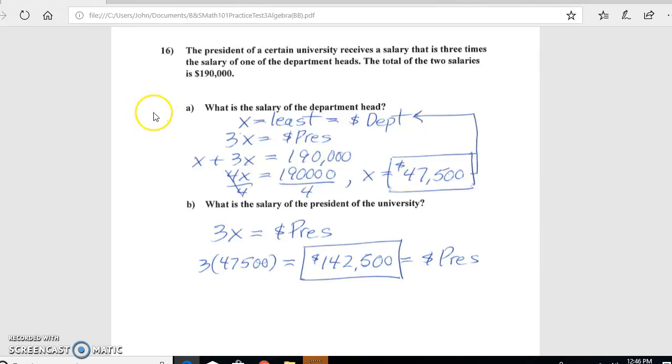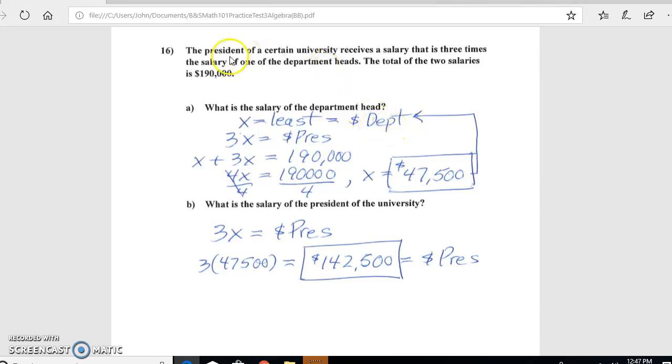This problem is similar to problem 13 that we did earlier, and in this type of problem we want to start by making x equal to what is least in the problem. We have two things that are unknown to us, the salary of the president and the salary of the department head, and so we're going to make x equal to what is least, which is the salary of the department head.